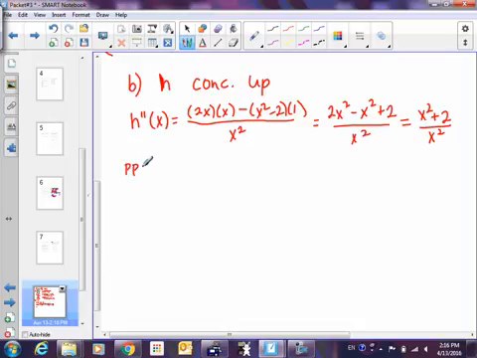So I need to find out my possible points of inflection so then I can figure out concave up when H double prime is either 0 or undefined. So it's basically where the top equals 0 and where the bottom equals 0. Okay, what answers does the top give you?